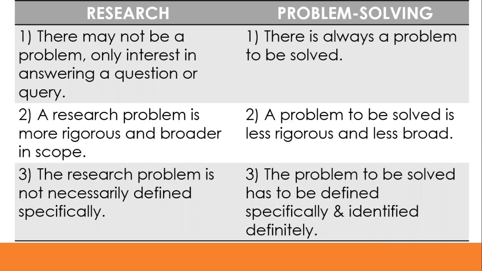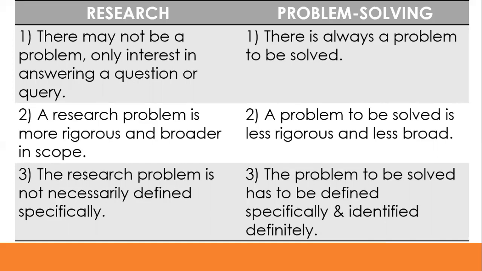First, if we say research, there may not be a problem, only interest in answering a question or query. But if we say problem solving, there is always a problem to be solved. Again, that is one difference between research and problem solving.